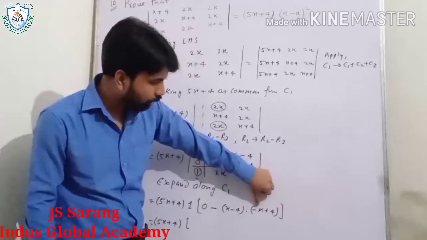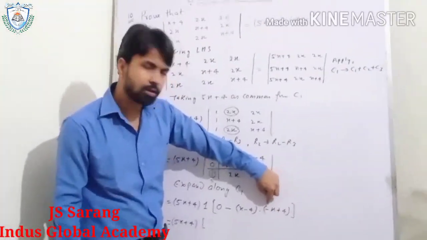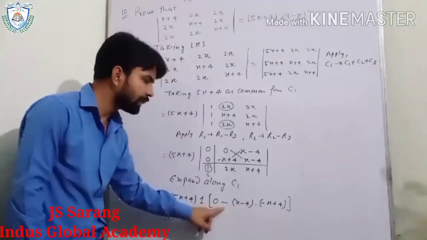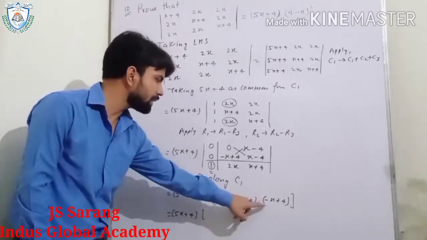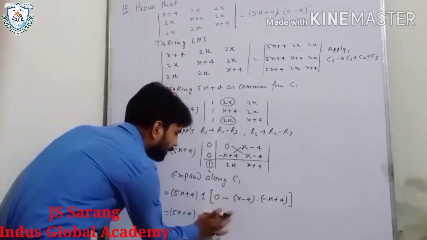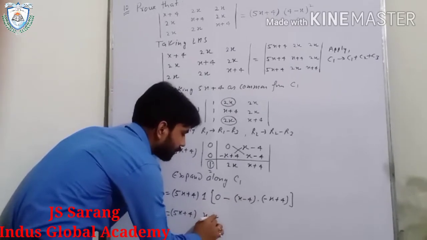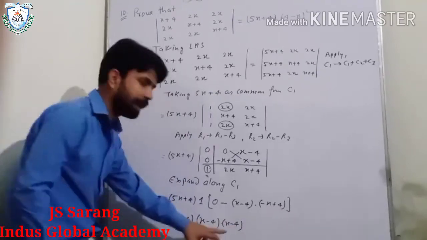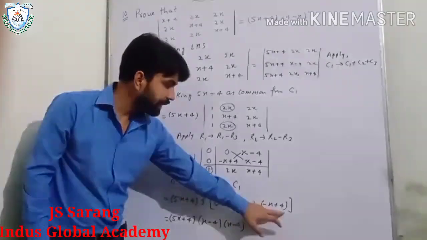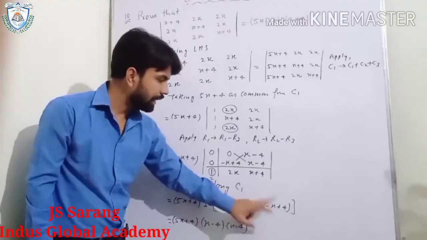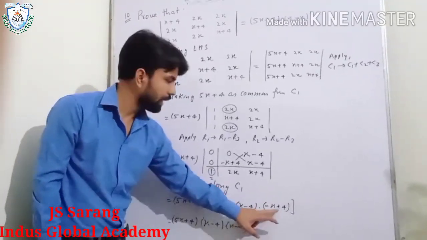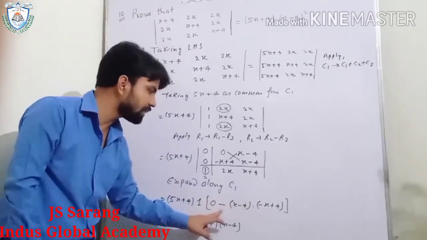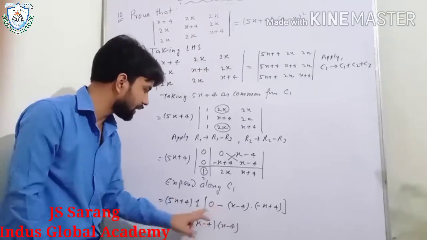If we take minus common from this bracket, then this x will be positive and this 4 will be negative. And since there is a minus outside and this minus, minus into minus will be plus. So we will get (x minus 4) into (x minus 4). Am I right? So this minus sign will be removed.